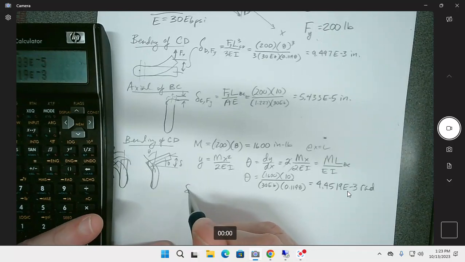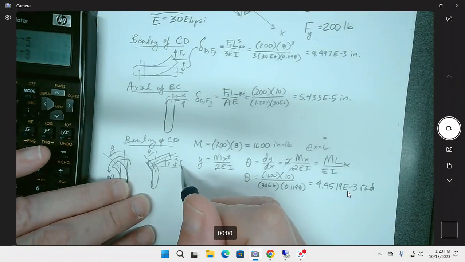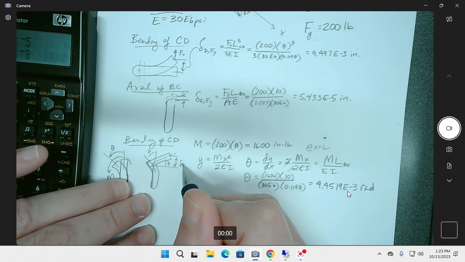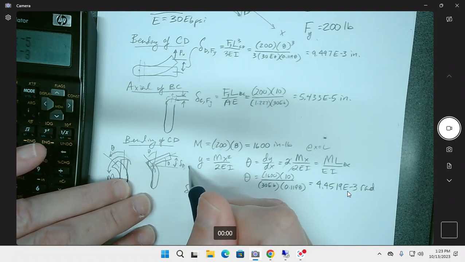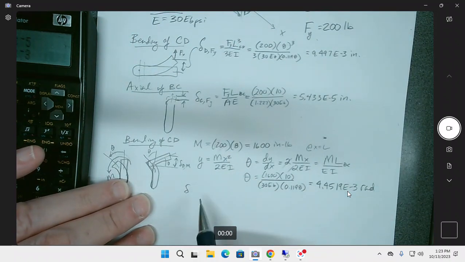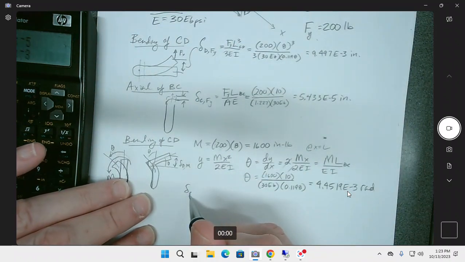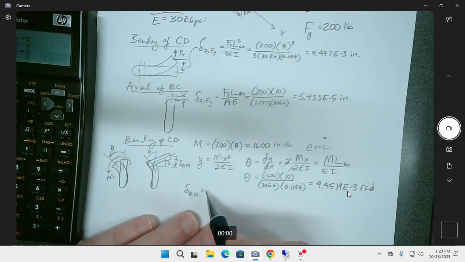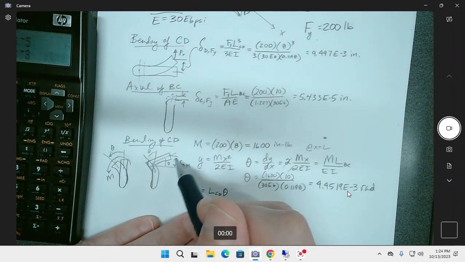Now, if we're going to get the deflection, and I'll say this is the deflection at D due to M, I just got to give it a name. I don't know the right way necessarily to do that. What we're going to do is take LCD times theta, because that's going to be this right here.